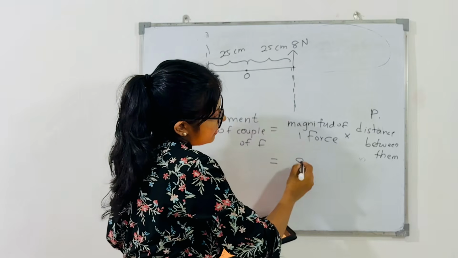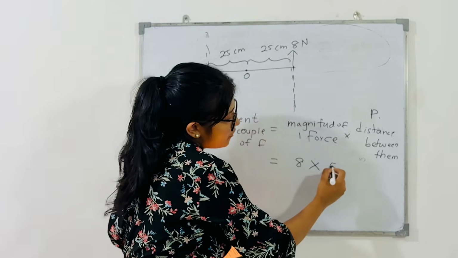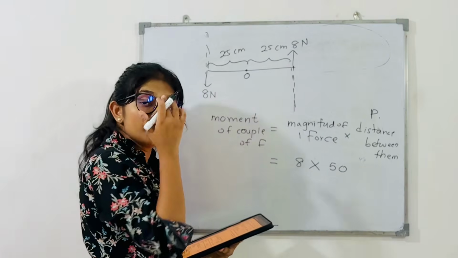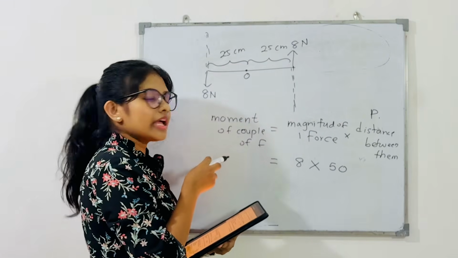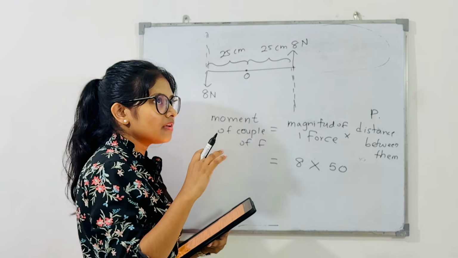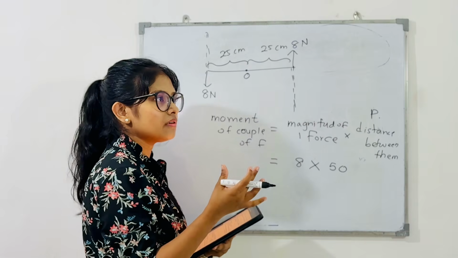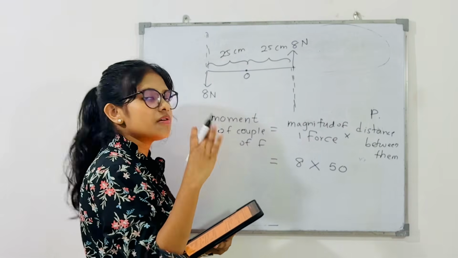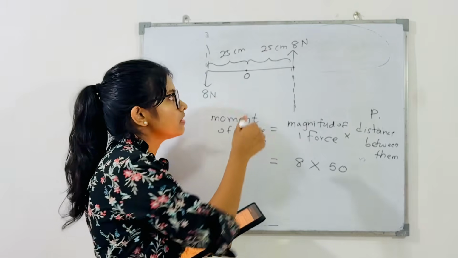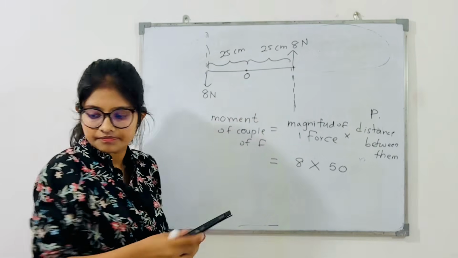So you can take 8 multiplied by, what is the distance between them? 50 centimeters. But remember, when you do the calculations about the moment, it's like the ability to rotate around a certain point, right? So these two forces can, I will show you, right?